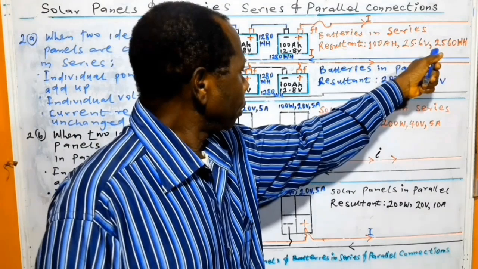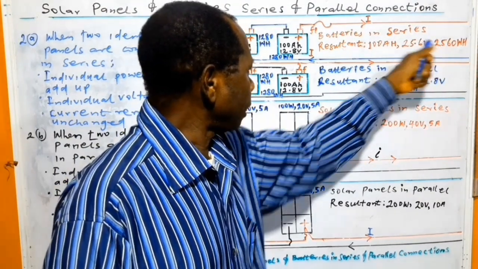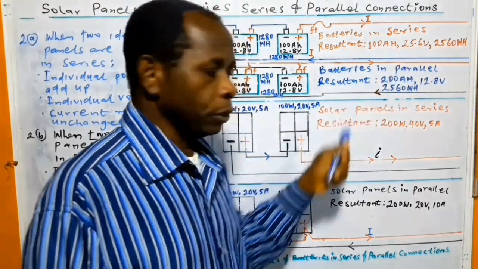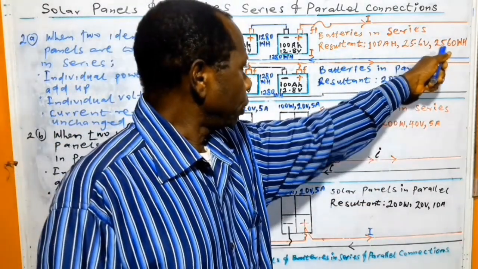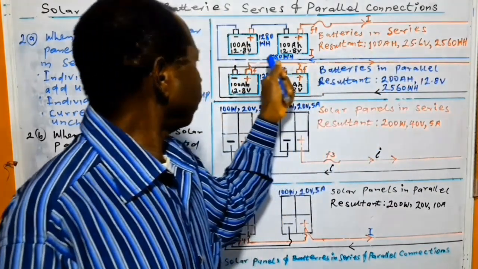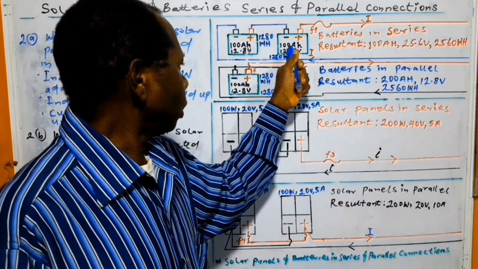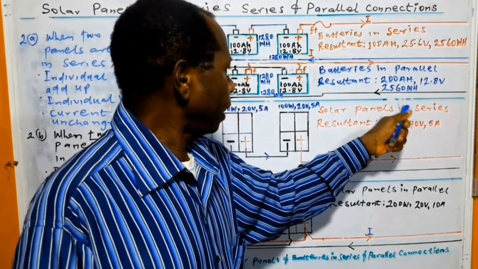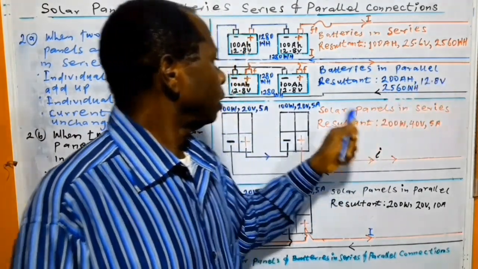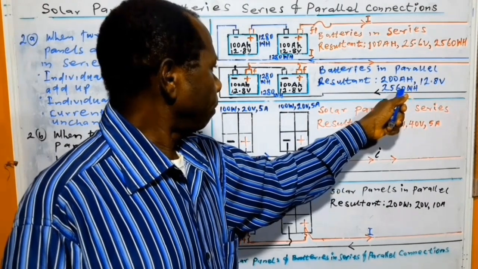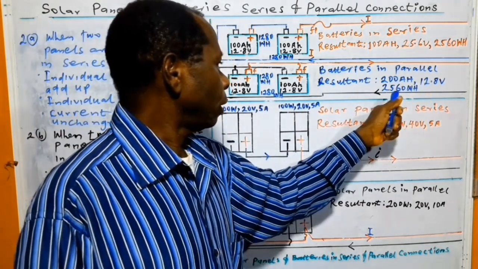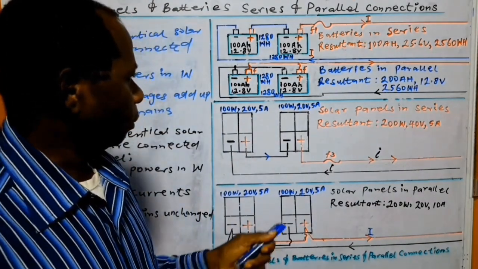Generally, one can note that when we have identical batteries connected either in series or in parallel, the capacities in watt hour will add up. 1280 plus 1280 will give us this. And when they are connected in series as well, parallel as well, the capacities in watt hour 1280 will also add up to give us 2560 watt hour.